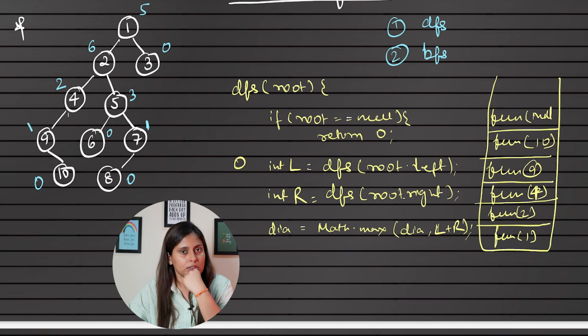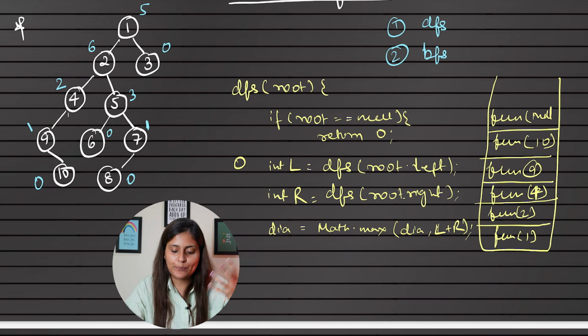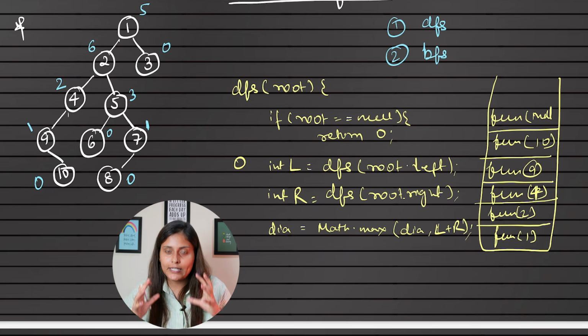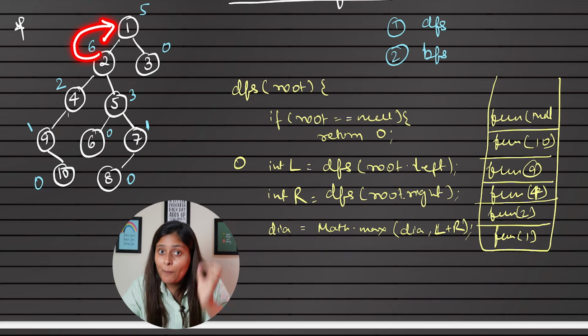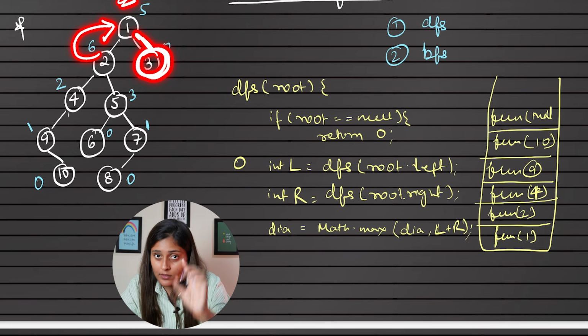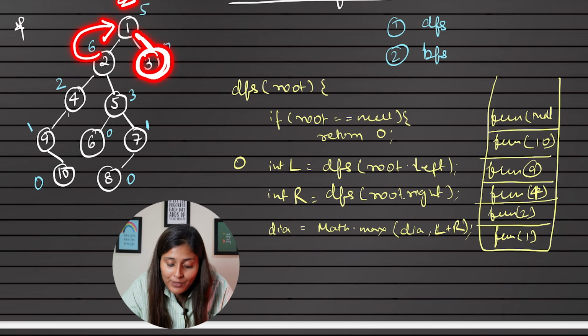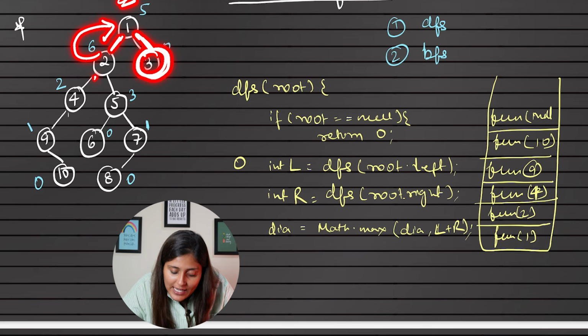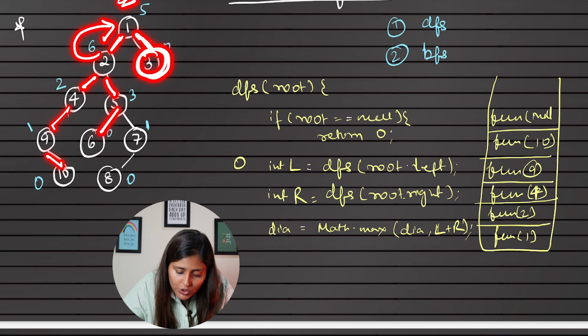Think again. If you are still confused, think like this. For this 2, when you have left and right, 2 needs to return the longest path to 1, correct? Because from 1's right side, the edge is only 1, but from 1's left side, it has 3 paths, 1, 2, 3.